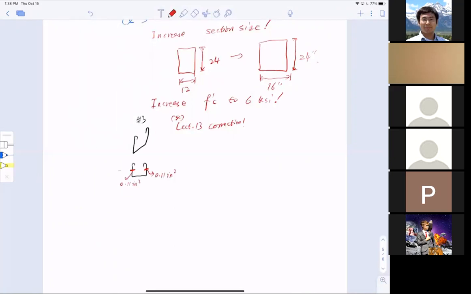If you do a cross-sectional cut, you have 2 cuts, so the total Av equals 0.11 inch squared multiplied by 2, that is 0.22 inch squared. This is correct. I may have made a mislabeling before. I'll go back and correct it, but this is correct. Thank you. Sure, no problem.